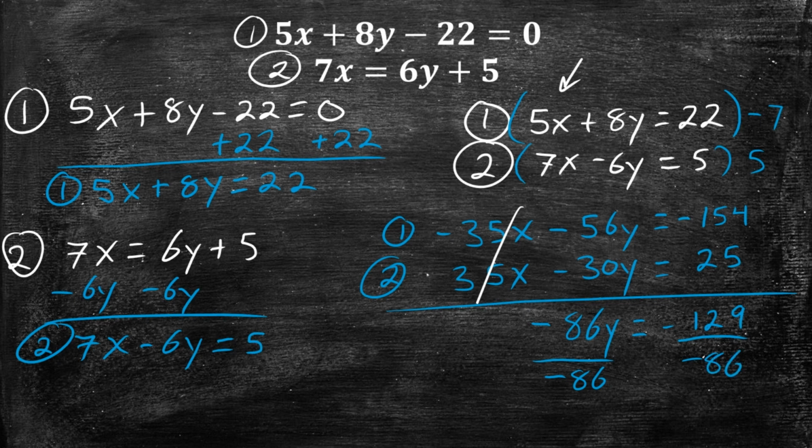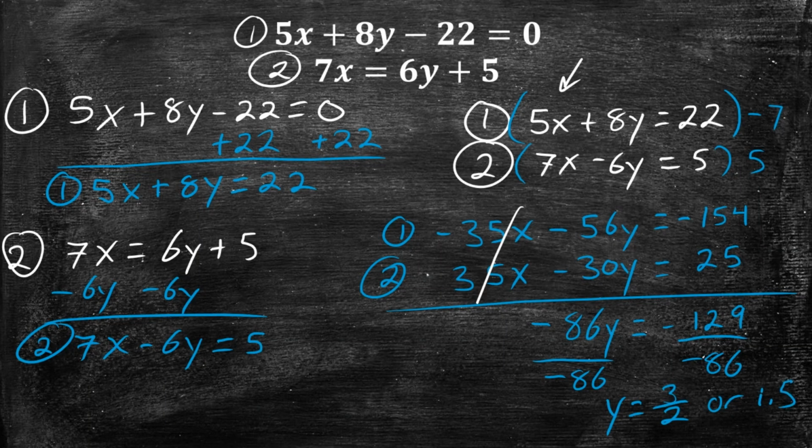And then you'd use your calculator here. And you are going to get y is equal to 3 over 2, or you can even write down 1.5, whichever one you prefer. Okay, so that is the first part.